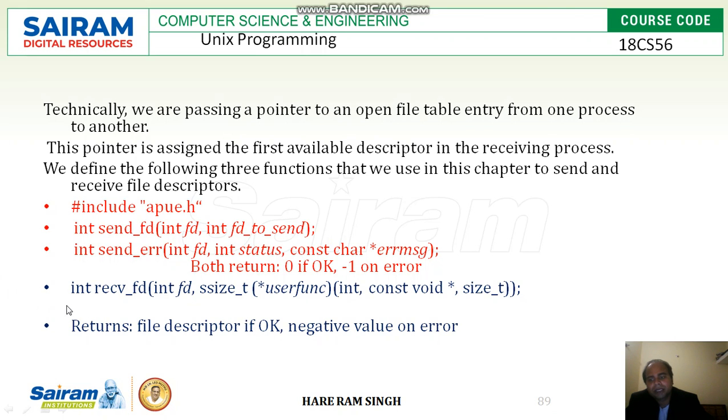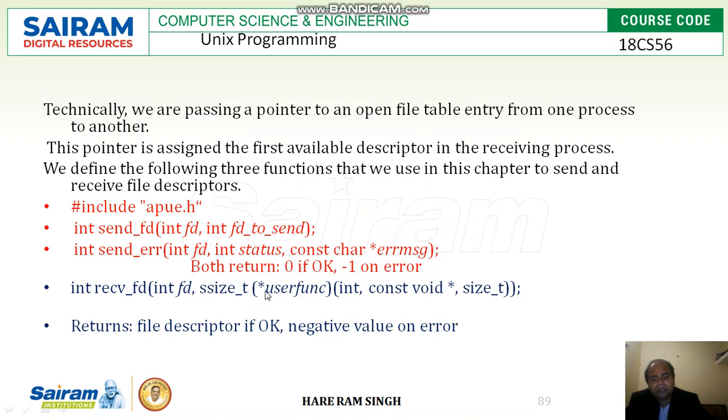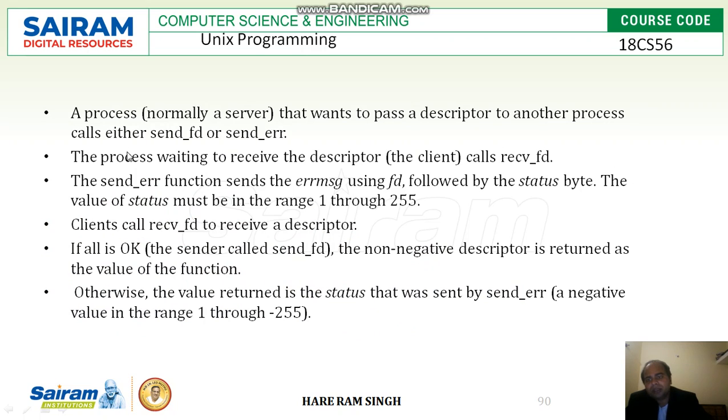Next, int receive_fd(int fd, ssize_t (*userfunc)(int, const void *, size_t)). This function is used to receive the file descriptor. send_fd is used to send it, and if any error occurs, send_error is used. For receiving, the file descriptor is returned if okay and a negative value on error.